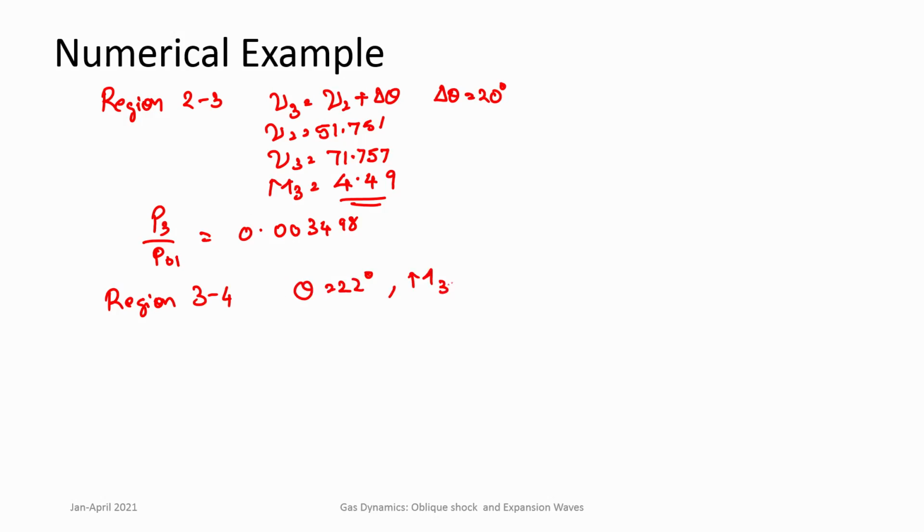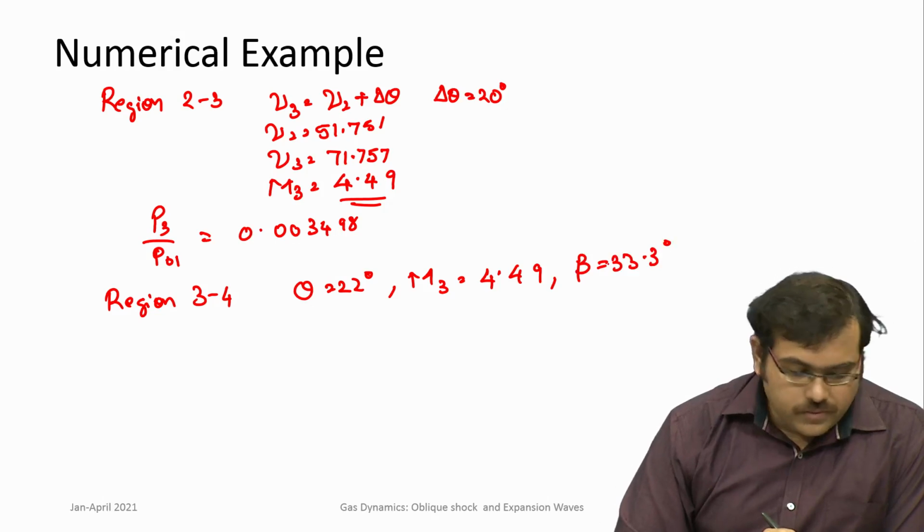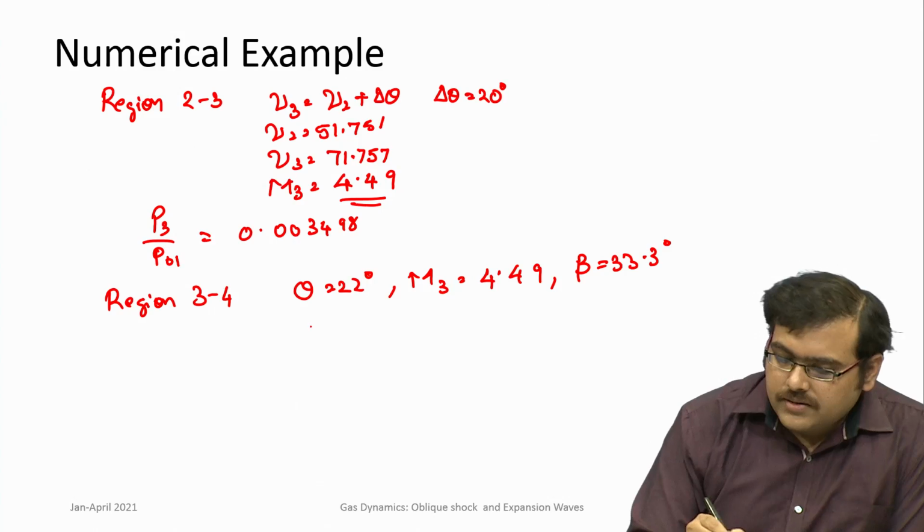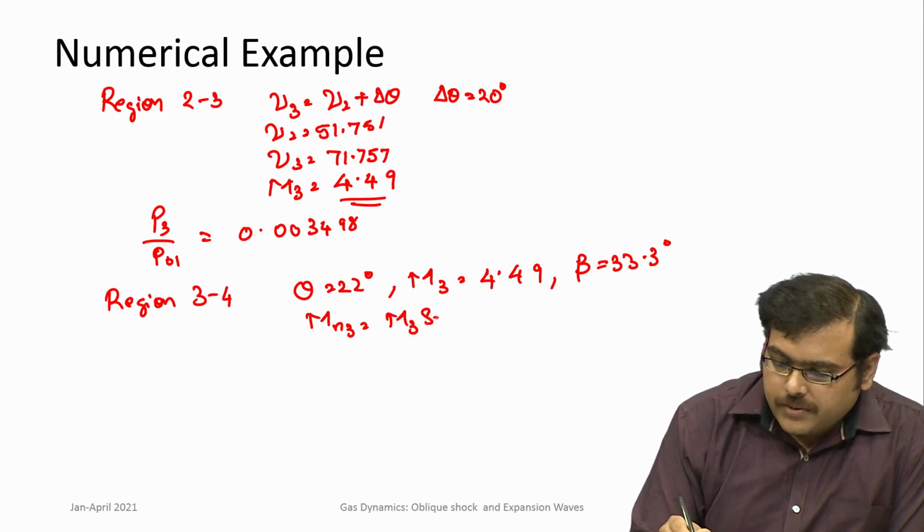Mach number is 4.49. Now use the M-beta-theta charts to find out what beta should be, and it is 33.3 degrees. Now, we know beta. So, we find Mn3, which is M3 sin beta, and apply normal shock relations.